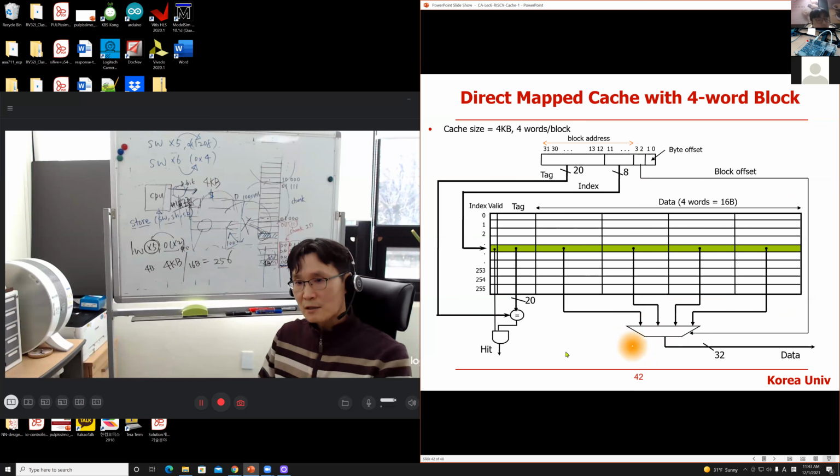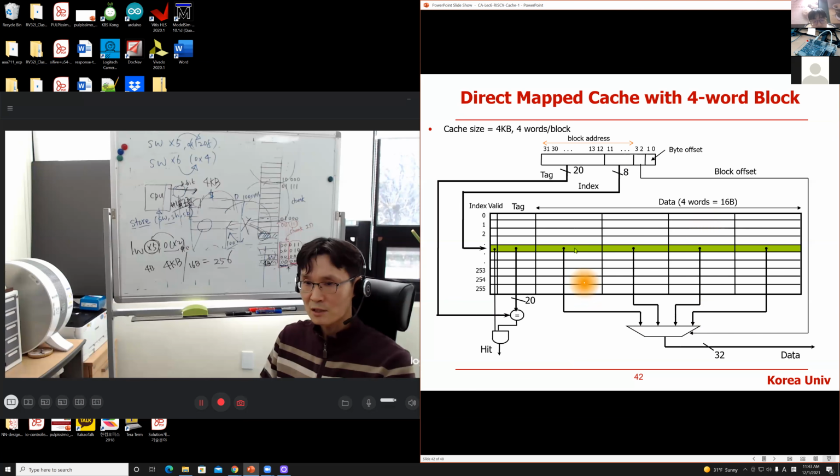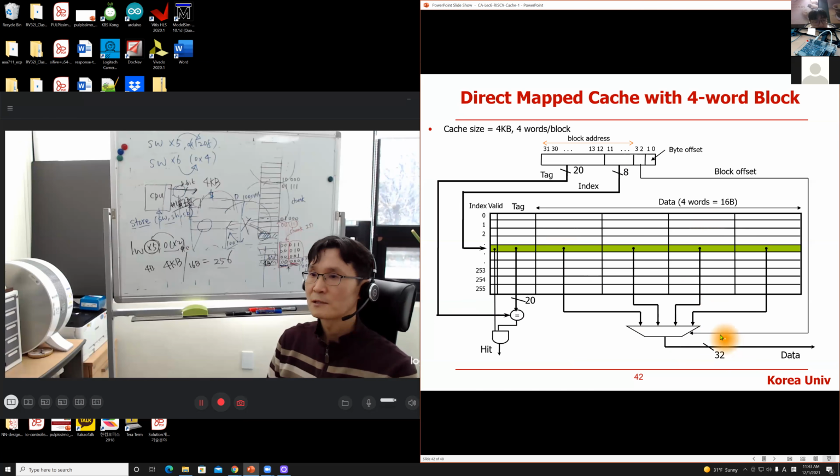That is a rough schematic diagram of cache and search logic. Does it make sense?